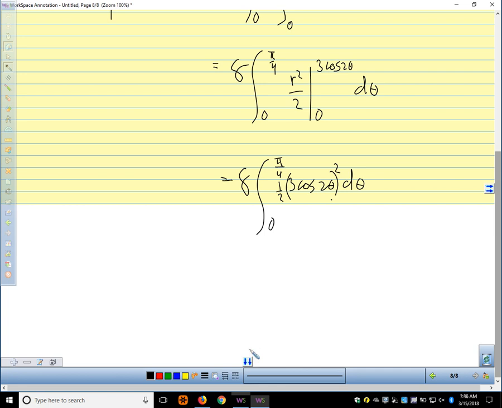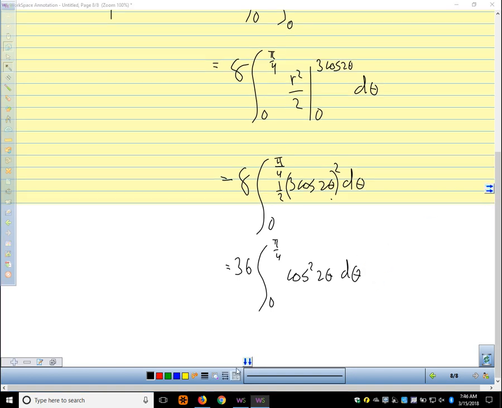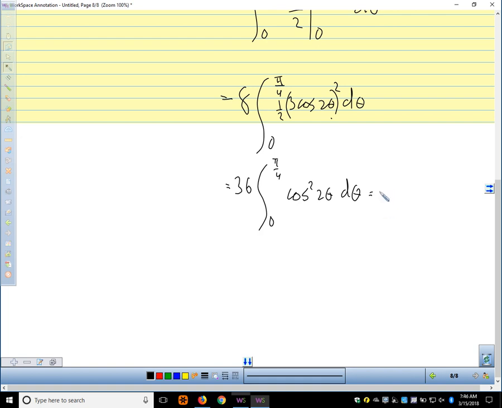All right, now how do we evaluate the integral of 3 cosine squared 2 theta? Power reduction, or a table of integrals. So this equals 36 times the integral from 0 to pi over 4 of (1 plus cosine 4 theta) over 2 d theta.